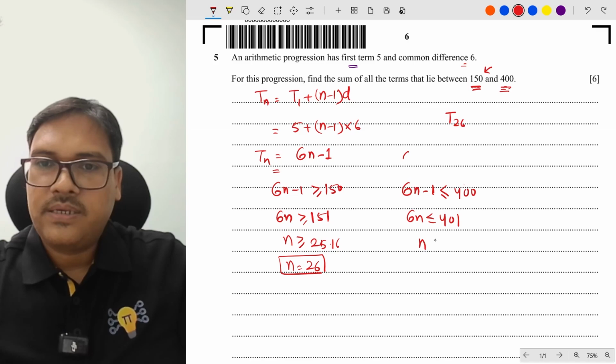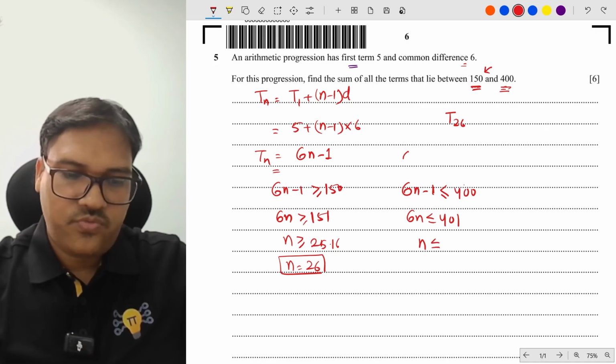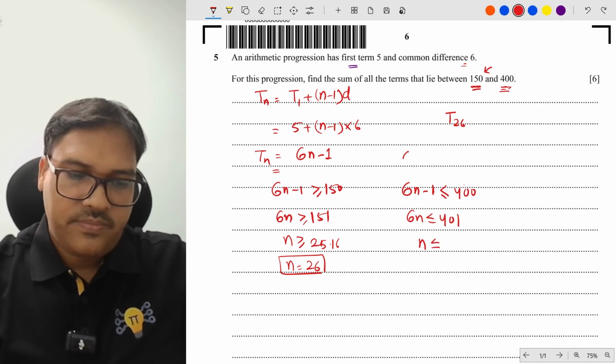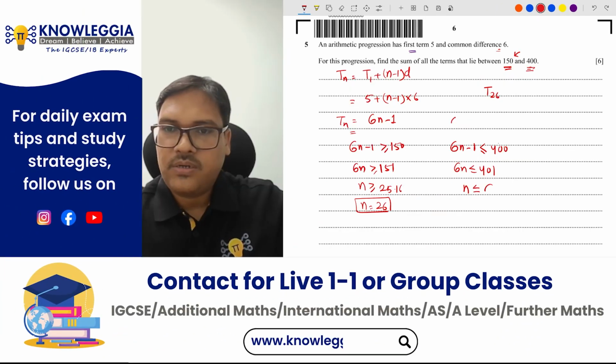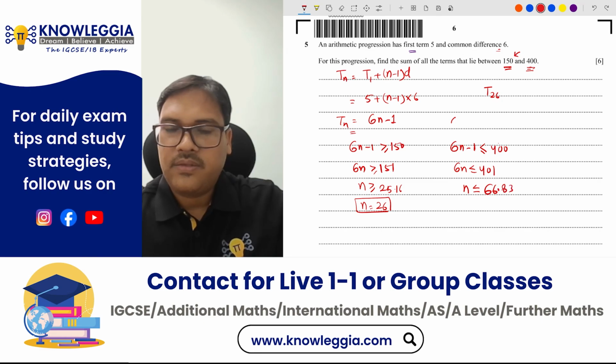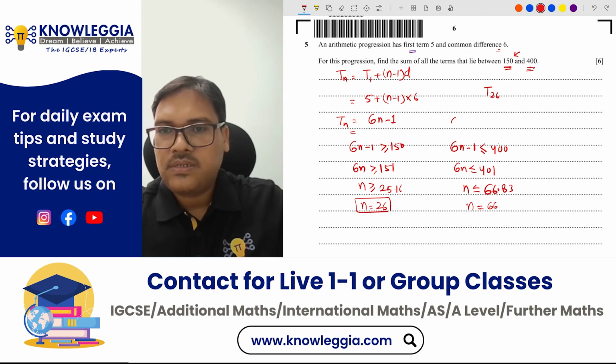So n is less than or equal to 401 divided by 6, which is 66.83. So obviously n is equal to 66.